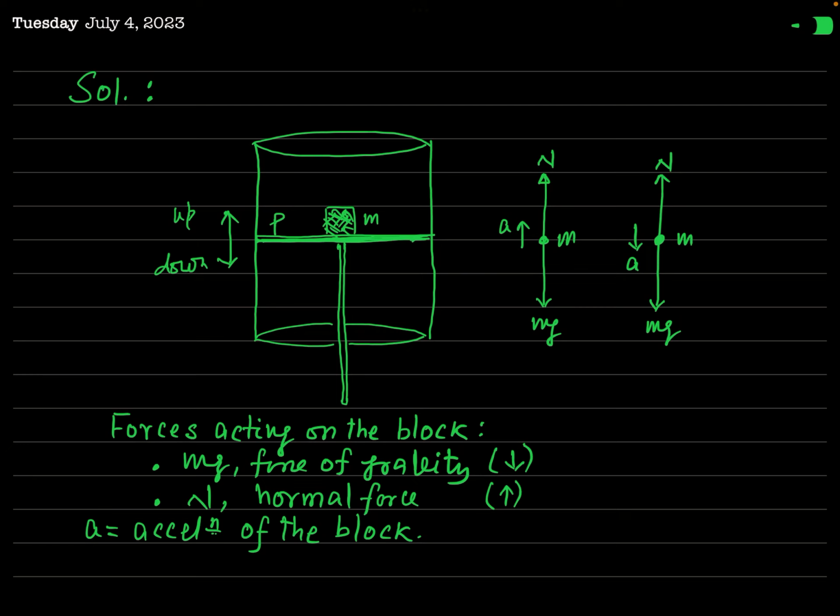If you want to find what are the forces acting on this block, you can see in this free body diagram of the block, one force acting on the block is the force of gravity, or the weight of the block, which acts in the downward direction. The other force is the normal force or normal reaction due to the surface of this piston, and this is acting in the upward direction.